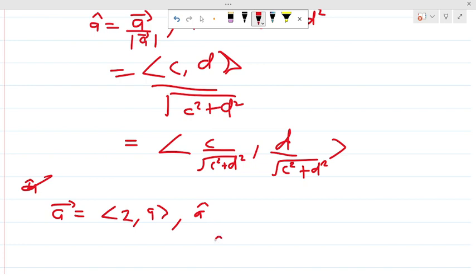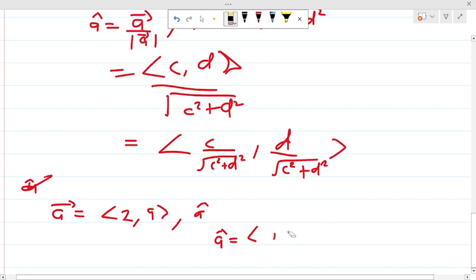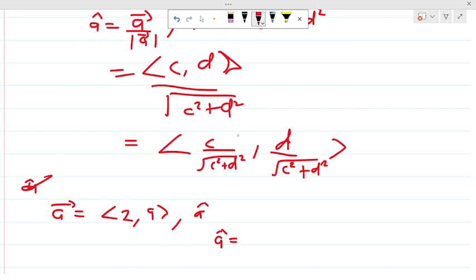The unit vector will be equal to that same vector, (2, 9), divided by the magnitude. Let's take our time and do this. You see the formula that we've derived here, we are just going to put it inside.